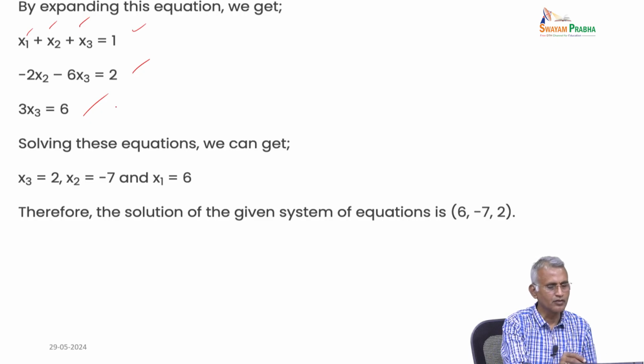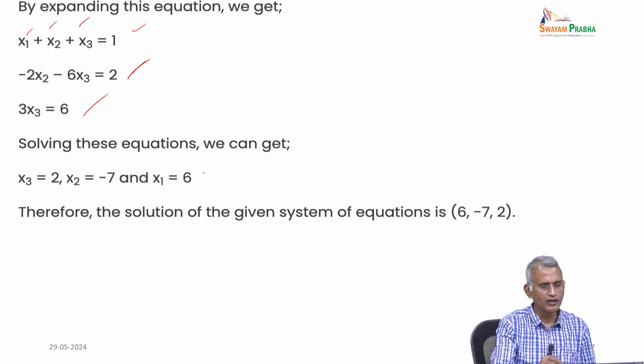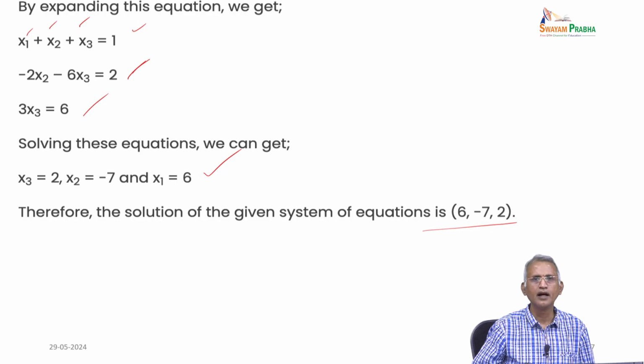From this x3 equal to 2, substitute x3 equal to 2 in the back track, x2 equal to minus 7 will come. Once you know x3 and x2 substitute in the first equation, so we get the value of x1 equal to 6. So, this way we can solve the system of linear equations using LU decomposition. Therefore, the solution is 6, minus 7 and 2.